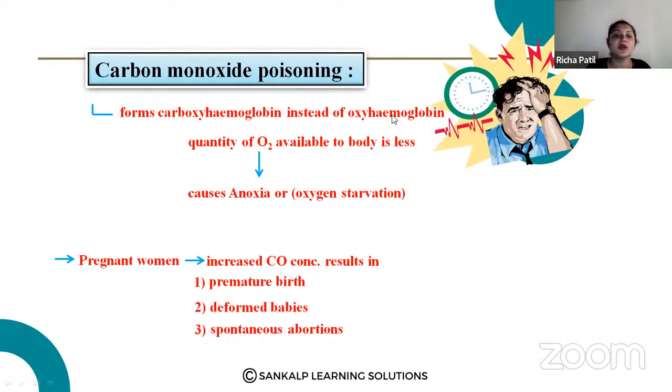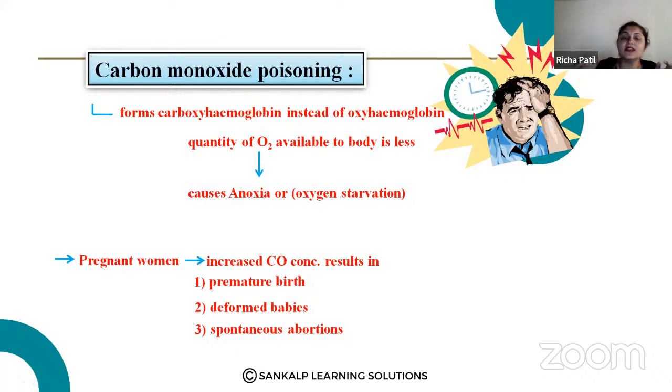So if there is more carbon monoxide in the environment and you are continuously inhaling it, it forms carboxyhemoglobin instead of oxyhemoglobin, and this complex is 300 times more stable than oxyhemoglobin. If the concentration of carboxyhemoglobin is 3 to 4%, the carrying capacity of oxygen in the blood will be reduced.